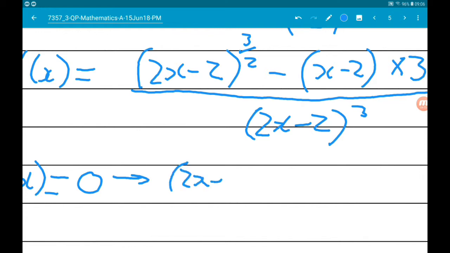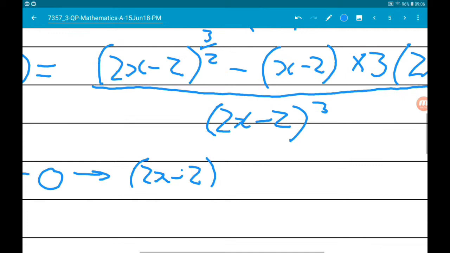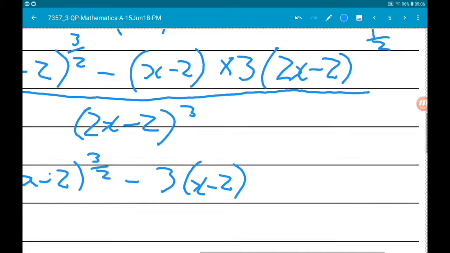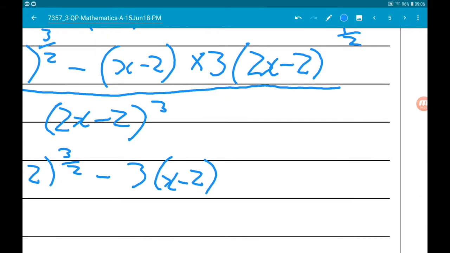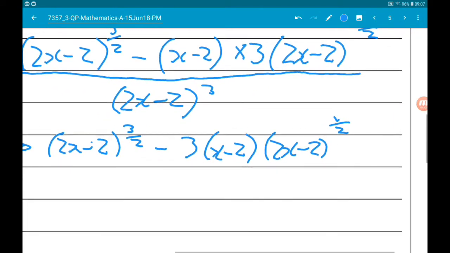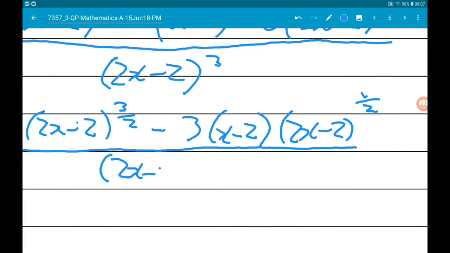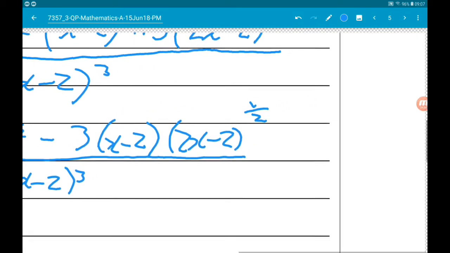So 2x minus 2 to the 3 halves minus, let's put the 3 out the front, so minus 3 lots of x minus 2 times 2x minus 2 to the power of 1 half, over 2x minus 2 cubed is equal to 0.